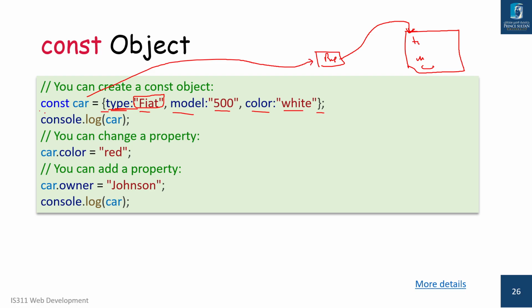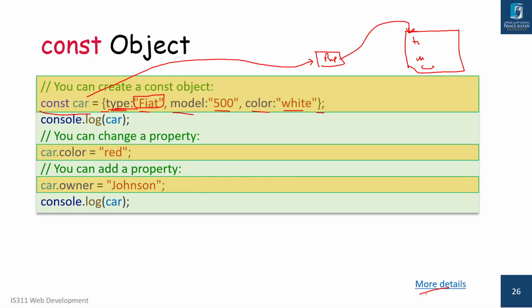That's why we make them constant, so that we don't lose that address of the object of our car. If you need more information, you can click on that link, and you can get more information about constant and how we can declare different types of variables using constant.